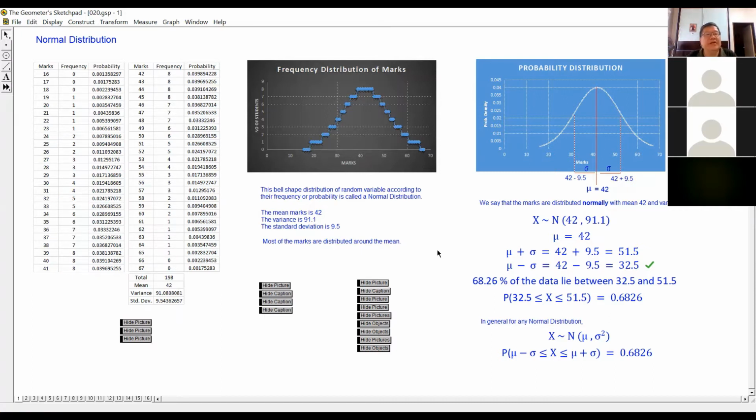Now, this type of distribution, let's say I don't know the average and the standard deviation. So I'm going to calculate the average and standard deviation. So how many students altogether? I have 198 students. And the mean, that means the average marks, 42.